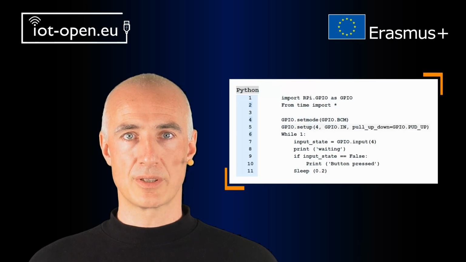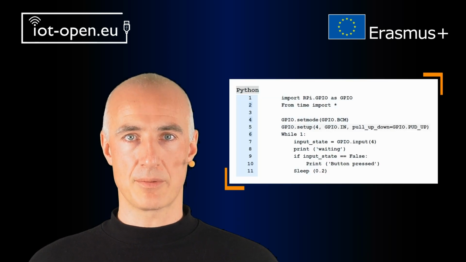If this parameter is omitted, resistors will not be activated. In this case, the input may be floating, giving unpredictable results during reading. If the GPIO pin is set to GPIO.PUD_UP, the pull-up resistor is enabled. If it is set to GPIO.PUD_DOWN, the pull-down resistor is enabled.